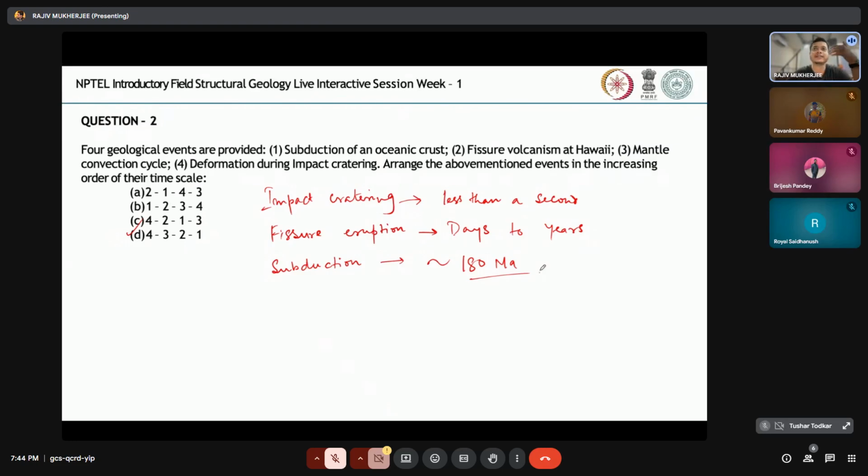That's how these convections are occurring, right? So mantle convection.